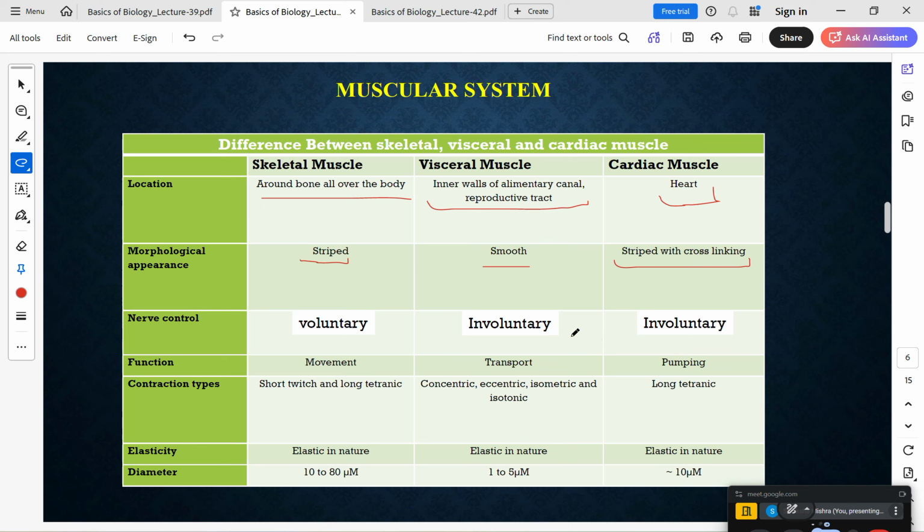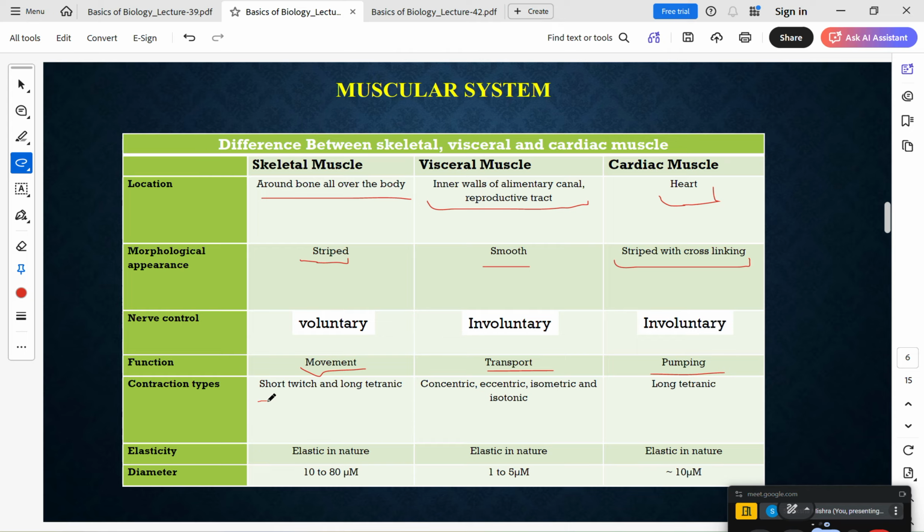Except for skeletal muscles, both of the other muscle types are involuntary in nature. Skeletal muscle is voluntary in nature. The major function of skeletal muscle is movement, for visceral muscle is transport of different nutrients or cells. Cardiac muscle is pumping.